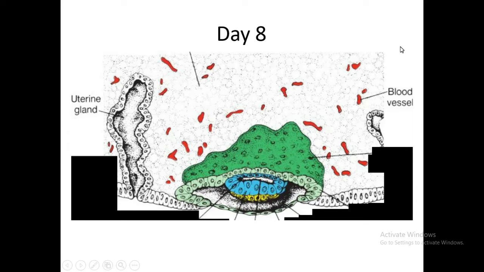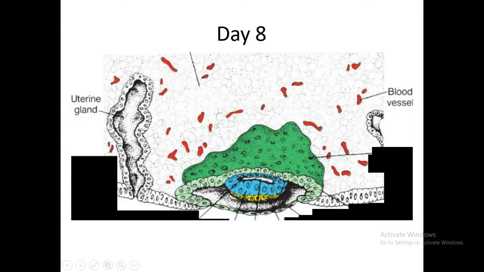On the 8th day of development, the blastocyst is partially embedded in the uterine endometrium. The trophoblast, which is the outer cell mass, is differentiated into 2 layers: the outer multinucleated syncytiotrophoblast and the inner single layer of cytotrophoblast.